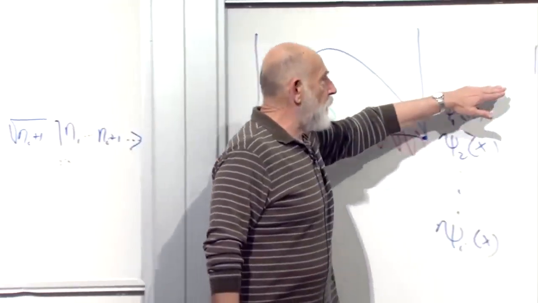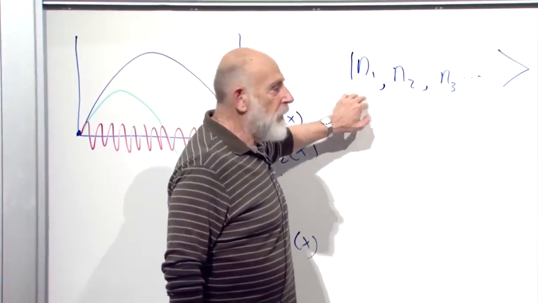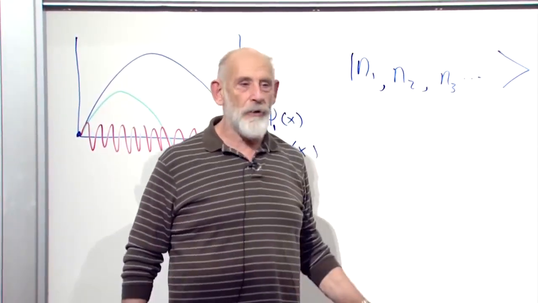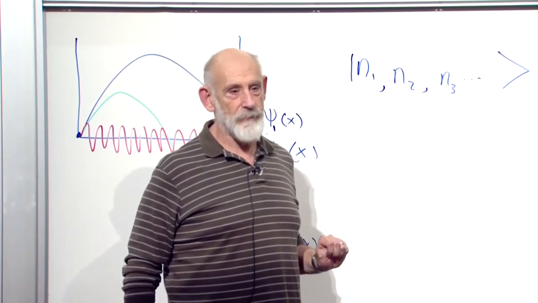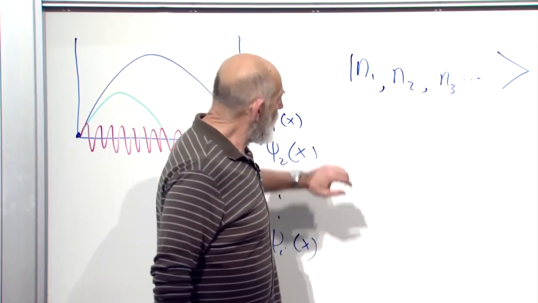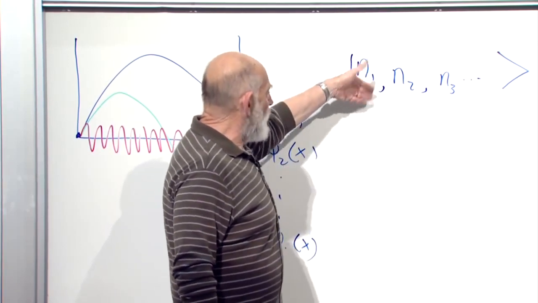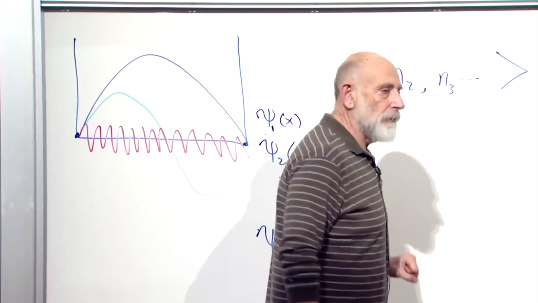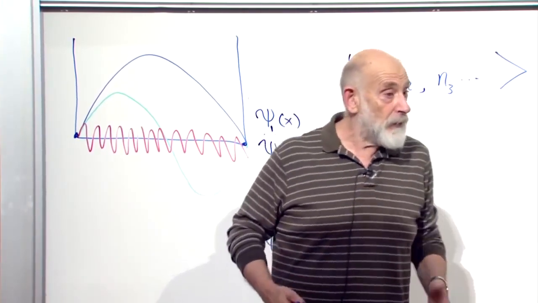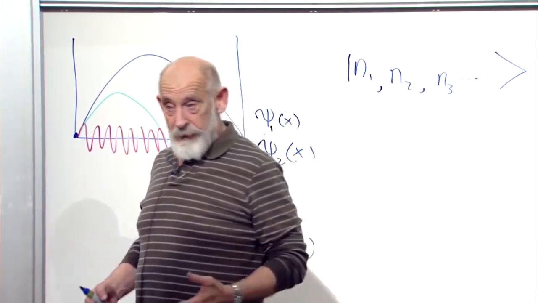You couldn't do this for fermions. For fermions, you can either have no particle in a particular state or one particle, never two. Okay? Can't put two. So in writing down the idea that you can have any number of particles in the first state, any number in the second state, any number in the third state, we're assuming to begin with that we're talking about bosons.